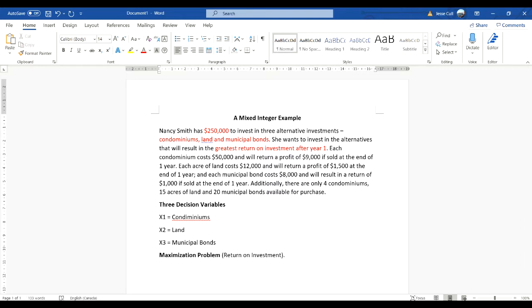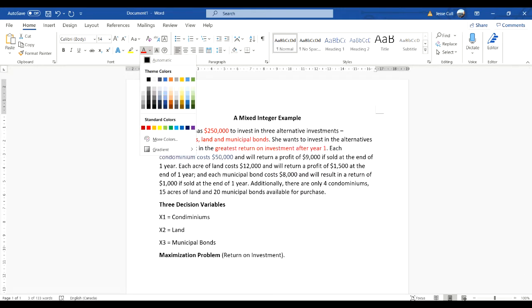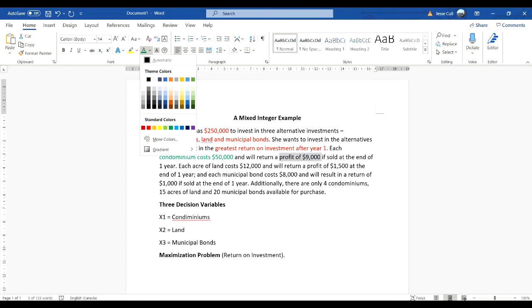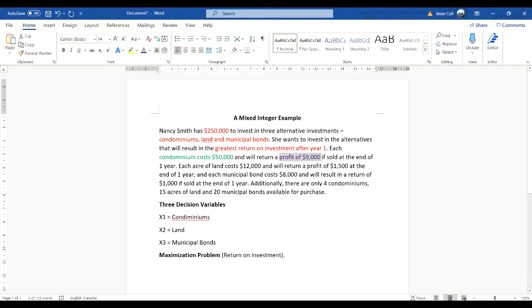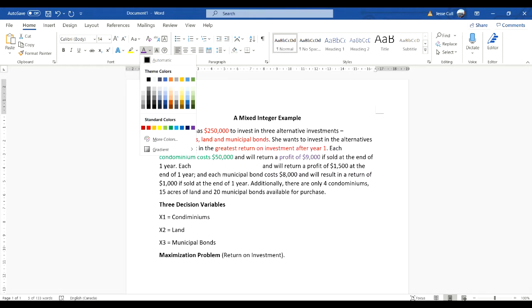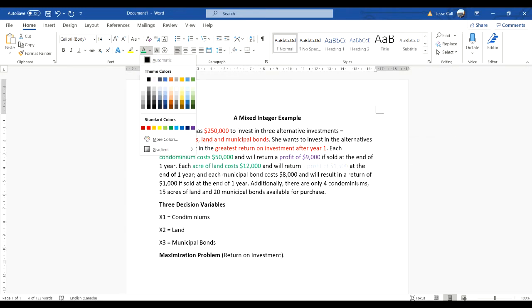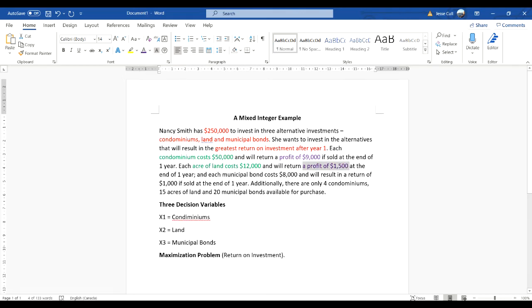Next, let's continue reading. Each condominium costs $50,000 and will return a profit of $9,000. Each acre of land costs $12,000 and will return a profit of $1,500 at the end of year 1.